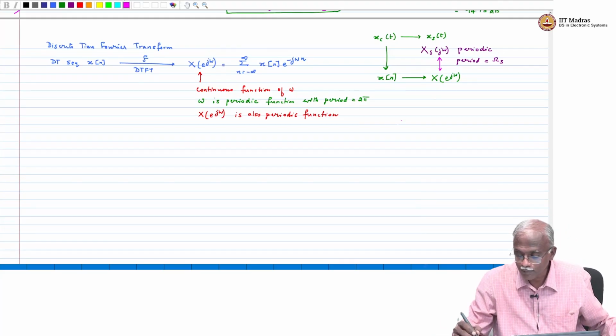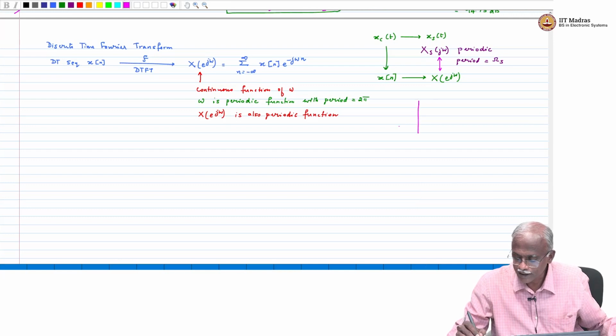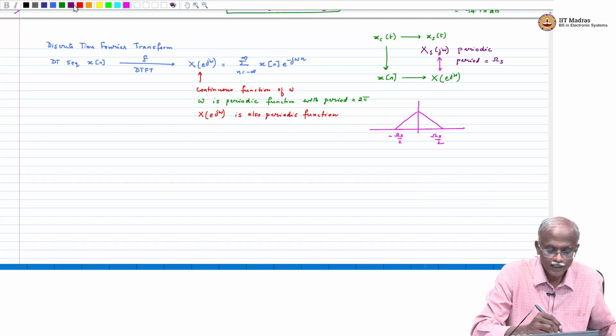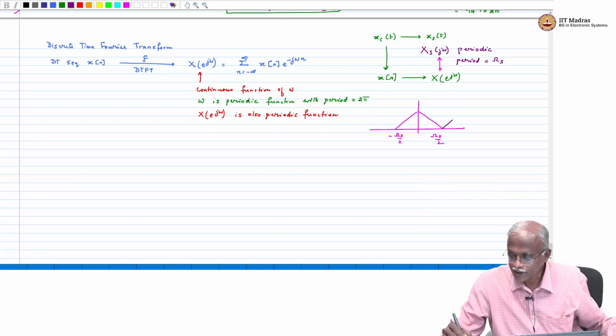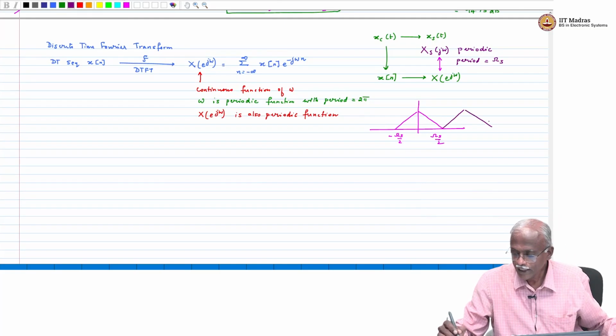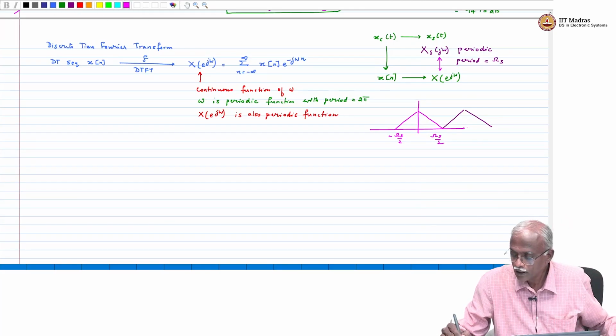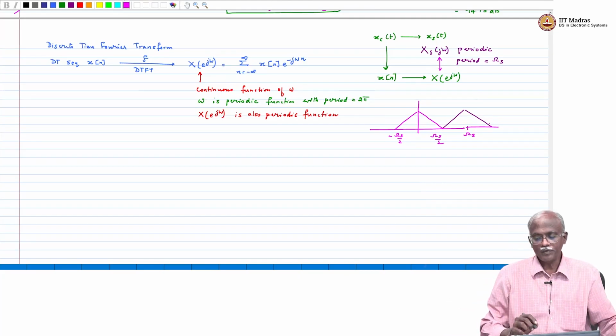So how did we map it? Remember, we said this goes from minus ω_s/2 to ω_s/2, and the next copy, Nyquist trapezoid, k equal to 1, is centered around ω_s, and this is how we obtained it.